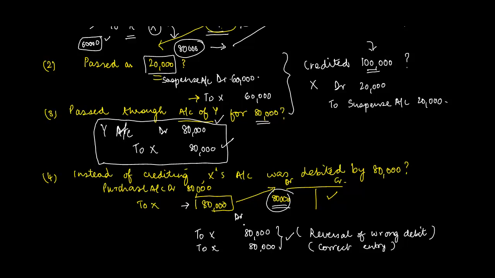Please note that whenever there is a wrong posting, you pass it through a wrong side of a ledger account, then obviously the balances are actually double. Now we don't know where the corresponding side is sitting, so we debit the suspense account over here, okay, to balance this out, right? So these are some of the entries that you make in respect of purchases for which normal rectifications are required.